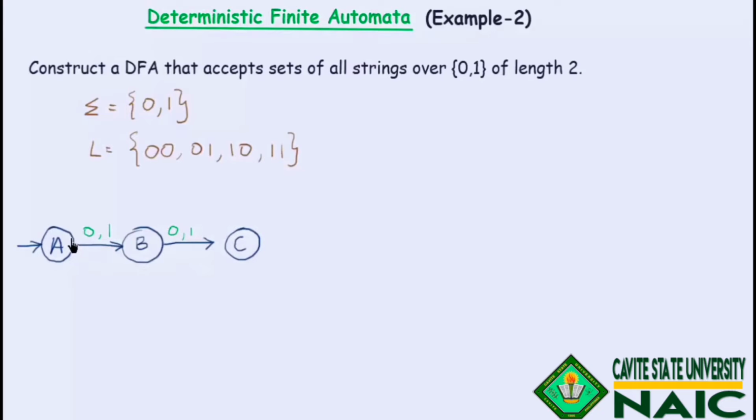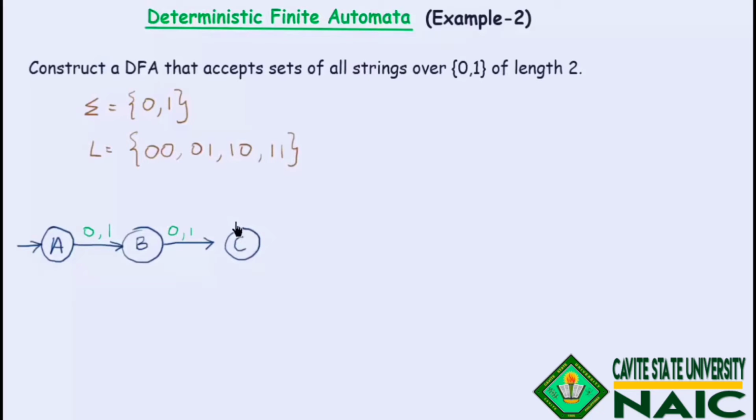And at this point, when I reach state C, what is the length of my string? When I came from A to B, the length of my string was 1. And when I go from B to C, the length of my string is 2, because I already got 2 inputs. So the DFA that we construct should accept all strings of length 2.